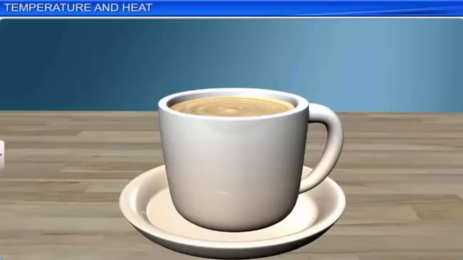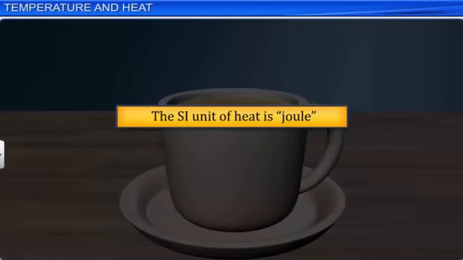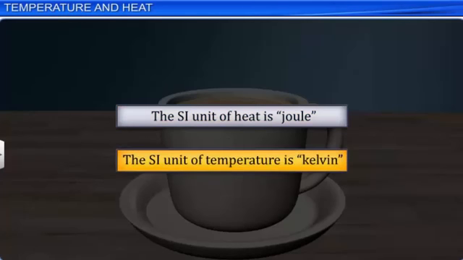That means when the teacup is in thermal equilibrium with the surroundings, it is at the same temperature as that of its surroundings. In SI system, heat is measured in joules and temperature is measured in Kelvin.